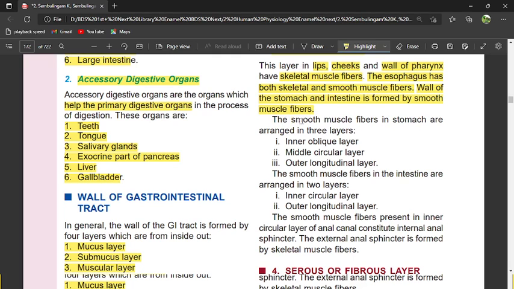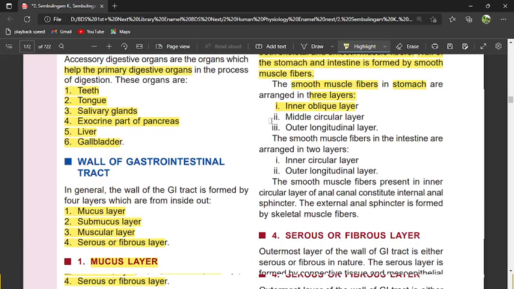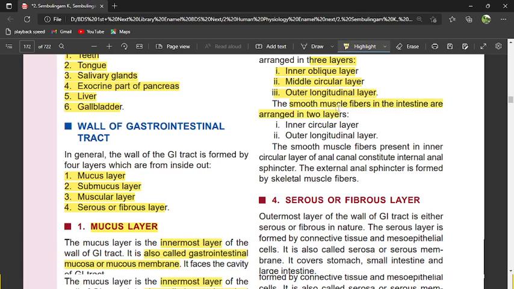The smooth muscle fibers in your stomach are arranged in three layers. First is inner oblique, meaning their arrangement is oblique. Inner side is oblique, middle is circular, outer is longitudinal. But when you see the smooth muscle fibers of your intestine, from here also we get true-false or incorrect statement questions.